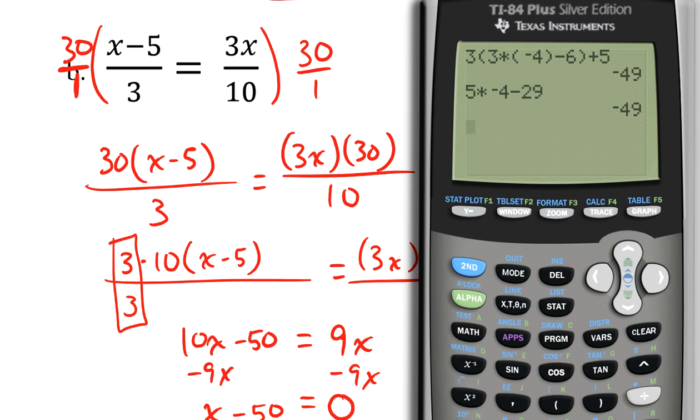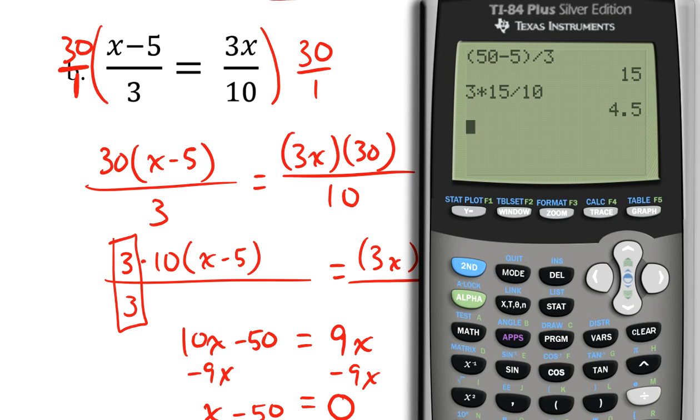So again, here's my calculator, clear it all. I think x is 50. So in the numerator, I'm going to enter 50 minus 5, close the parentheses, and divide that by 3. And you can see that I get 15. On the other side, I'm going to go 3 times 50 and then divide that by 10.